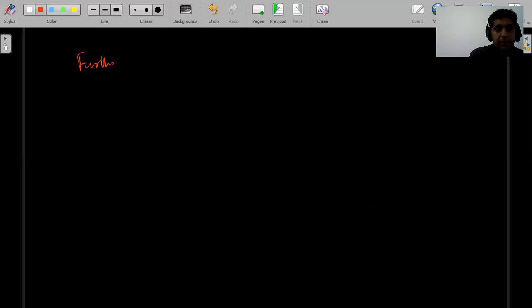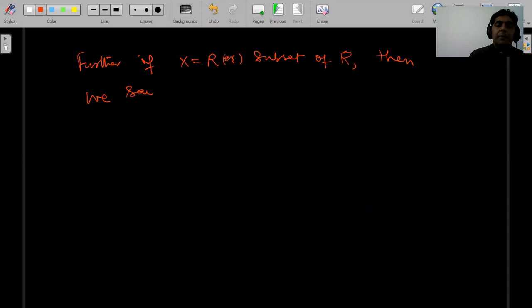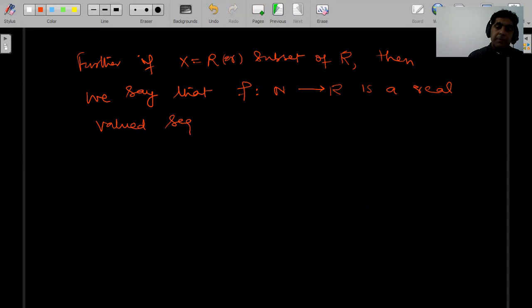Further, if X is equal to R or a subset of R, then we say that F from N to R is a real valued sequence, or simply real sequence, right?